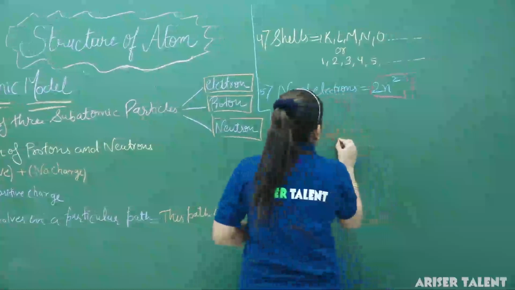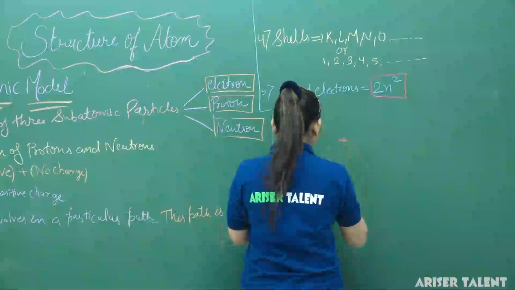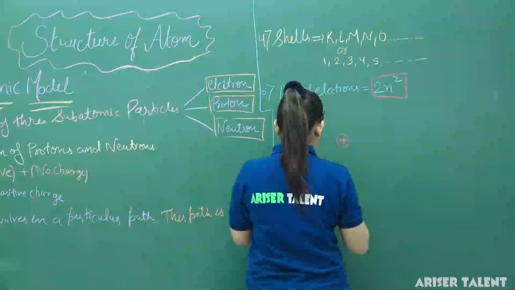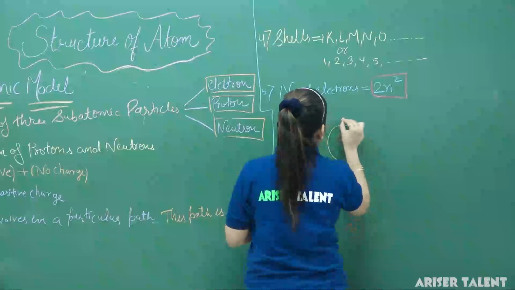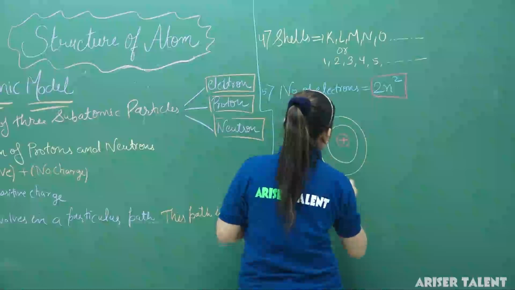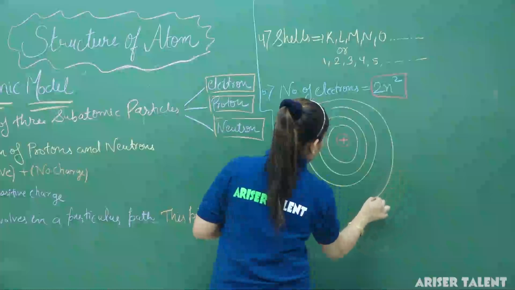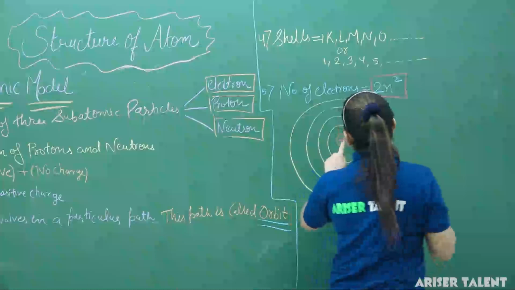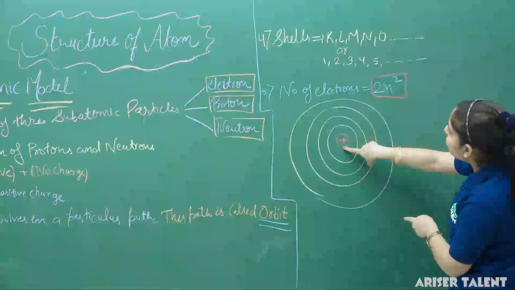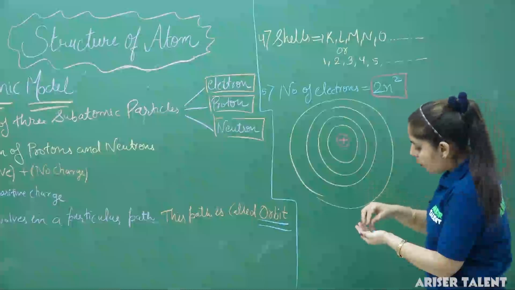If I draw a nucleus at the center, we can locate the nucleus here, which is the entire mass of positive charge.